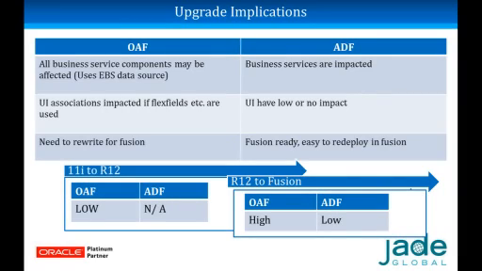As I said, it is not incorporated. But when we are moving from R12 to Fusion, OAF has very high impact, because you have to change almost every page into ADF. But if you're using ADF, it's easier to just remold it with the Fusion approach instead of building it from scratch.